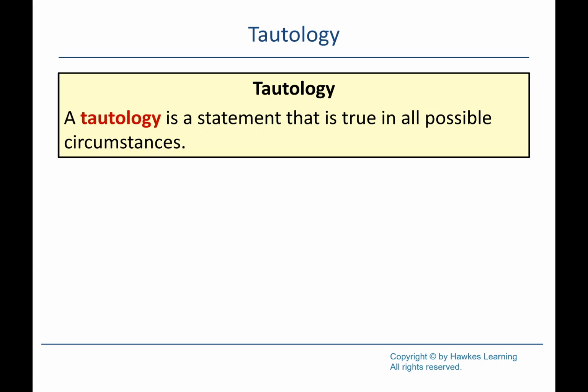That's just a statement that's always true. You remember last time we tried to come up with some statements that were always true and some that were always false. The situation where it's always true is a tautology.